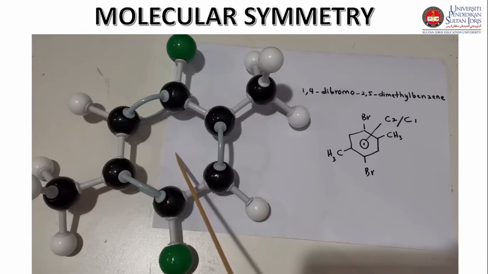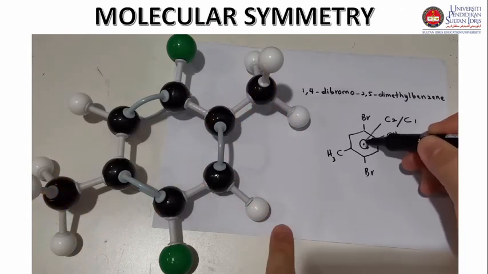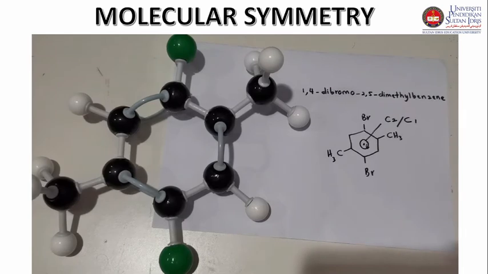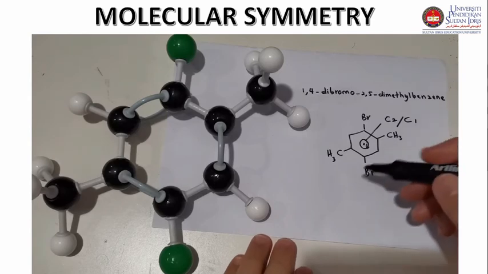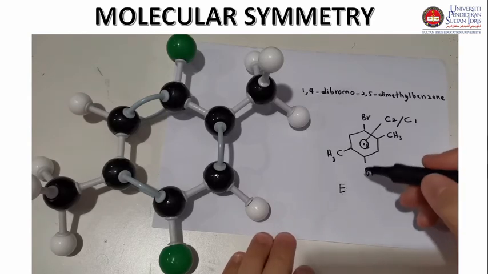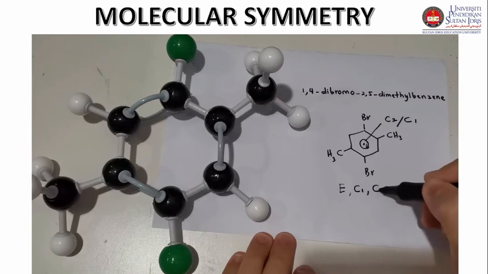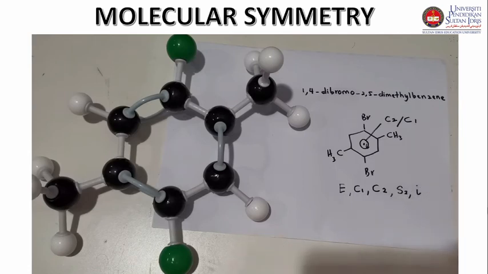Both methyl groups appear if we consider the center of this molecule, so I exists; a center of inversion exists in this molecule. The symmetry operations are E, C2 and the center of inversion. There is also S2, because S2 is equivalent to I. There is no sigma v plane, no vertical plane, no dihedral plane, and no horizontal plane.